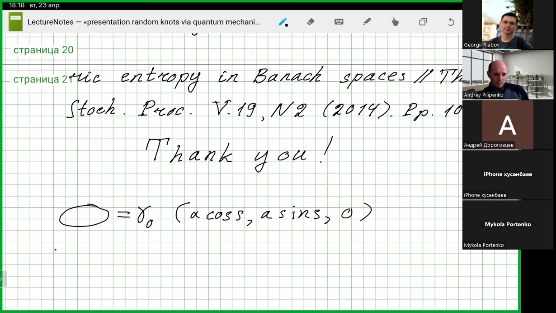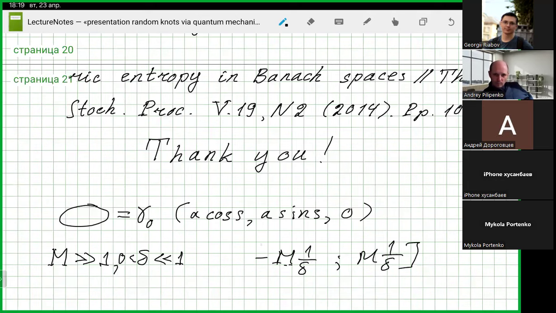We take a sufficiently large number M and a sufficiently small positive delta, and then consider a cube, from minus M over delta to M over delta, cubed.